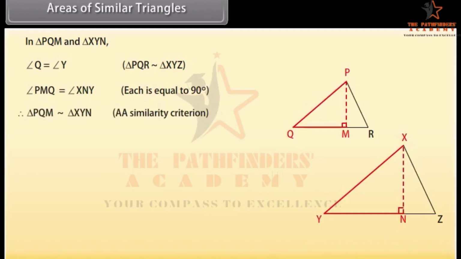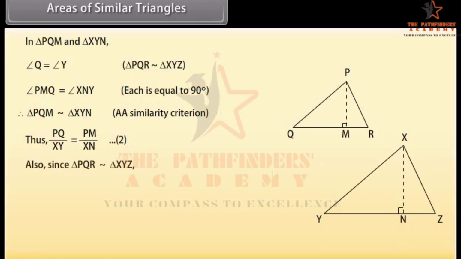Therefore, triangle PQM is similar to triangle XYN by AA similarity criterion. Thus, PQ upon XY equals PM upon XN. Also, since triangle PQR is similar to triangle XYZ, PQ upon XY equals QR upon YZ, which is equal to RP upon ZX. Mark it as 3.